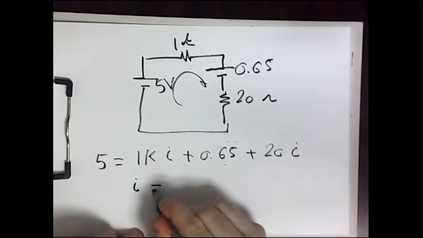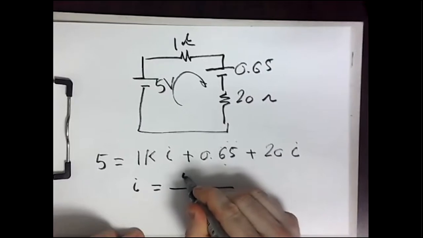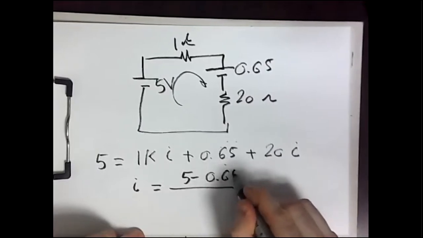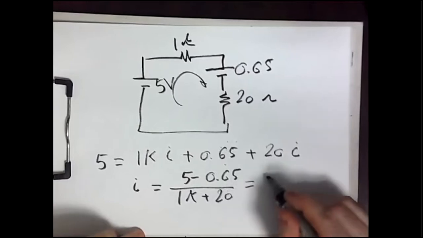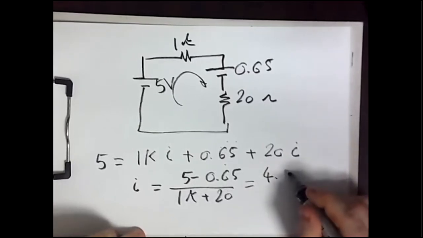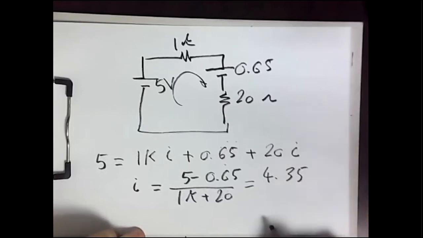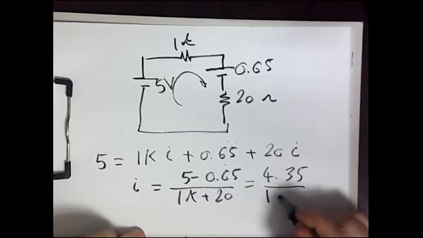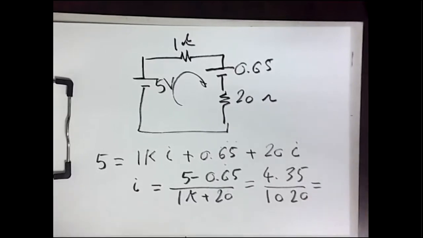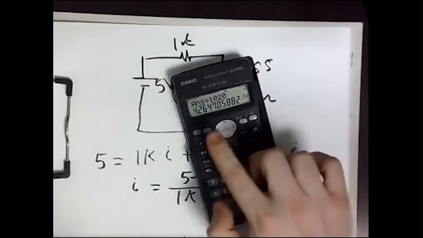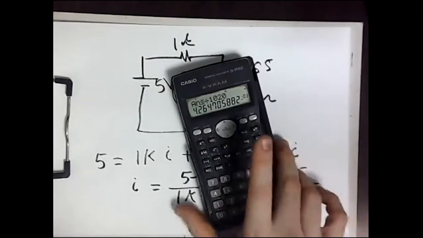So I equals 5 minus 0.65 over 1K plus 20, or 4.35 over 1020. Using my calculator, we get the output, which is 4.264 milliampere.